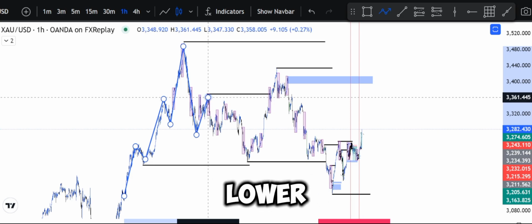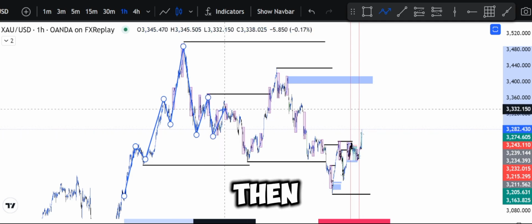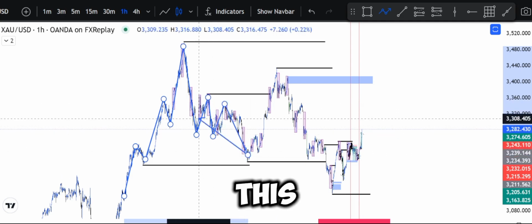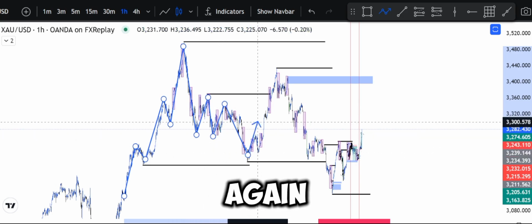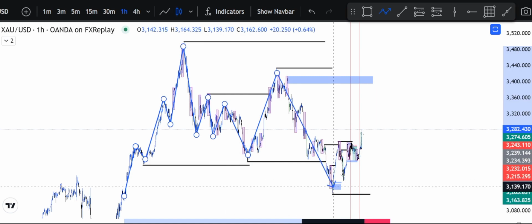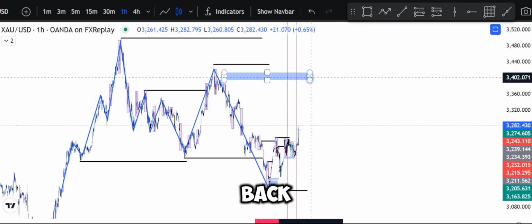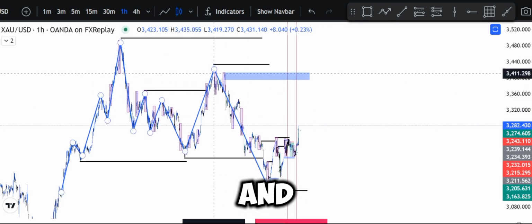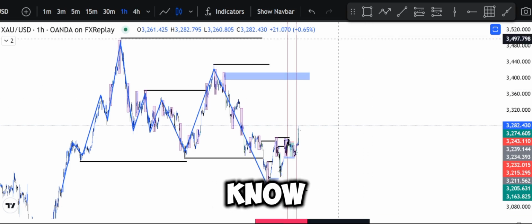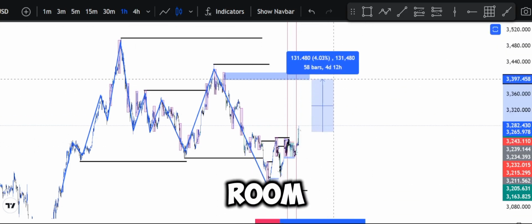Higher high and lower high, then higher low again, created equal high, then higher low again, then break structure or induce this equal low, again induce high here, then induce again this low. Now we are expecting at least to come back up here and induce this high or mitigate this supply, then go down. We don't know, but we have a lot of room to trade from.